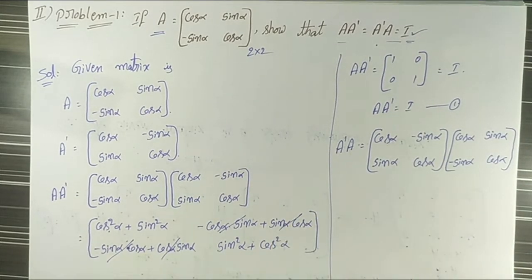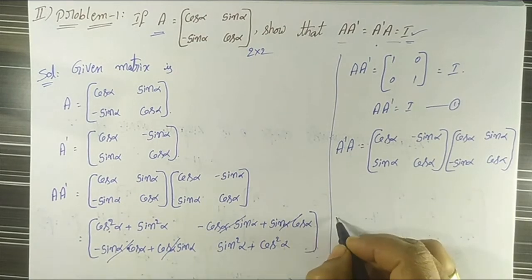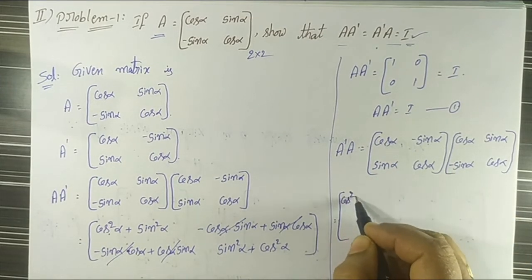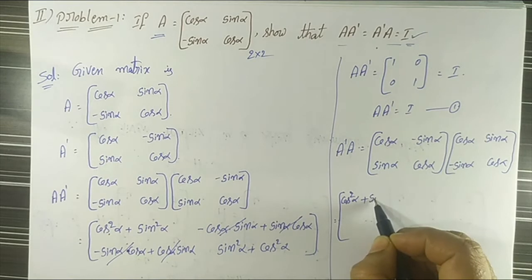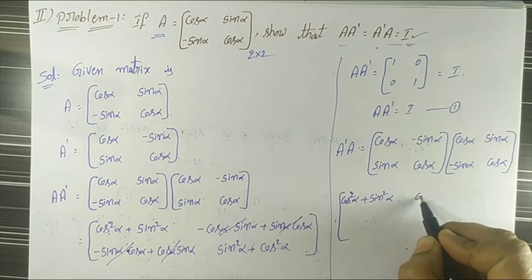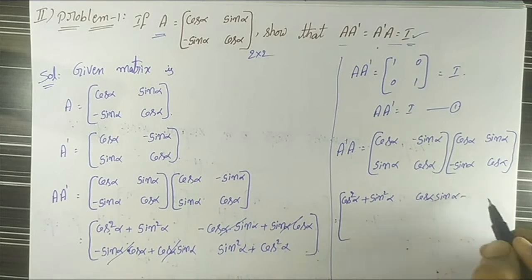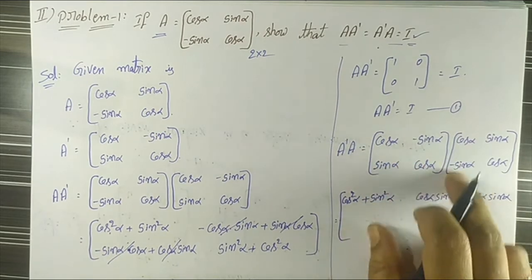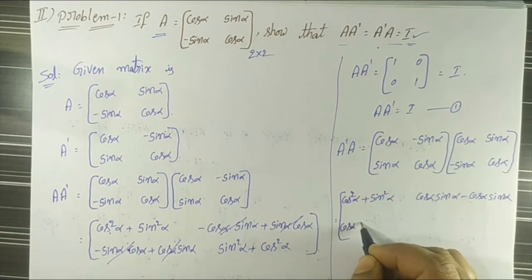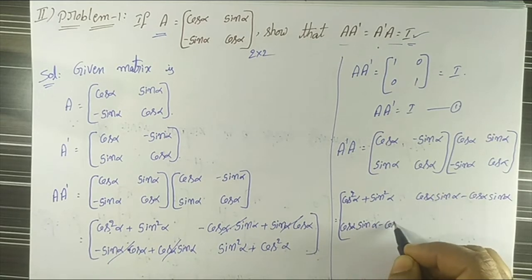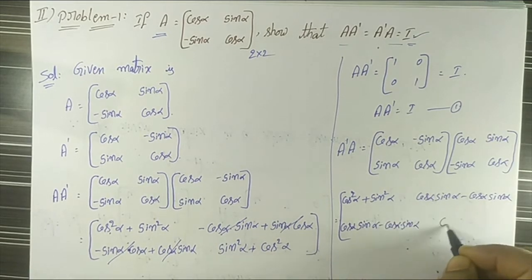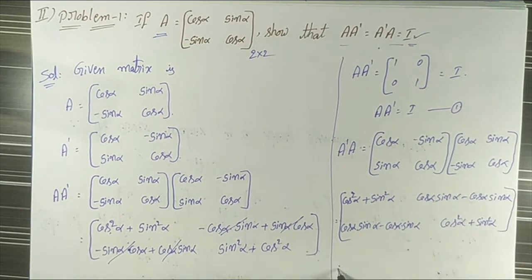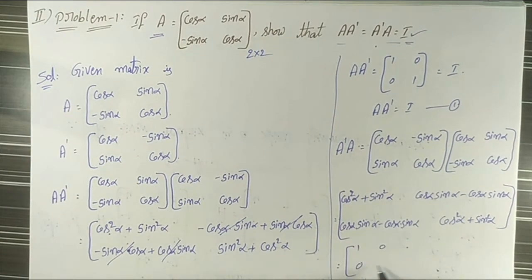After multiplication, cos into cos, cos square alpha, plus sin square alpha. Then cos alpha into sin alpha minus cos alpha into sin alpha. Here also the same, cos alpha into sin alpha minus cos alpha into sin alpha. Here cos square alpha plus sin square alpha. That is equal to 1, 0, 0, 1.